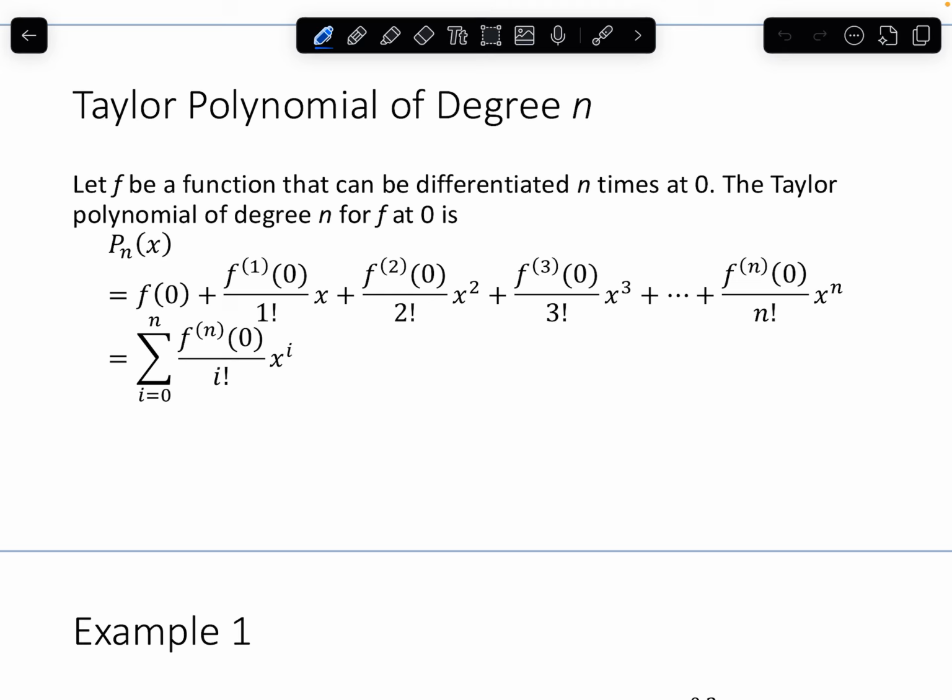This is when we have a function, with each of these derivatives being evaluated at x equal to 0. We let f be a function that can be differentiated n times at 0.